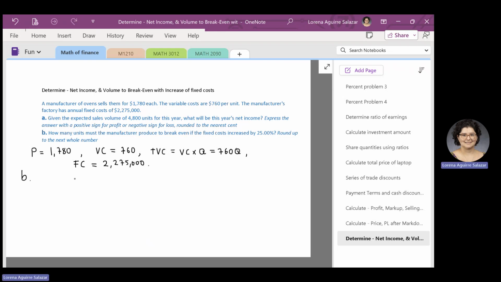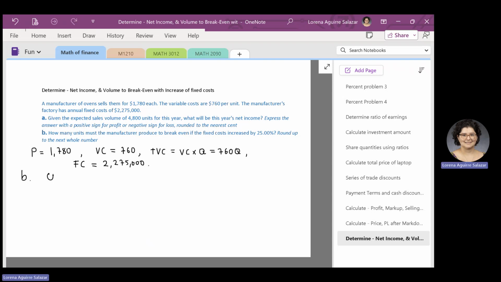In other words, in order to have that the total revenue is equal to the total costs, so the business breaks even, if the fixed costs are increased by 25%.